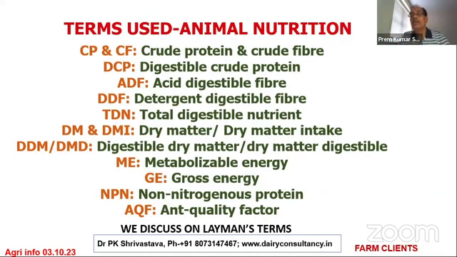Then dry matter. Suppose you are giving jowar, bajra, maize, green fodder to a cow. It has some moisture. Once you remove the moisture, whatever is left over is called the dry matter, and that dry matter is going to matter, right? Similarly, the dry matter intake, what the cow is taking: in the case of green fodder, the dry matter is hardly 20%, and 80% is moisture.